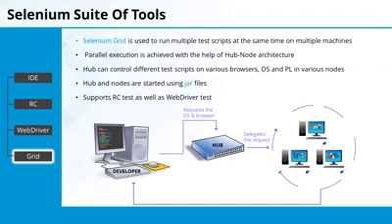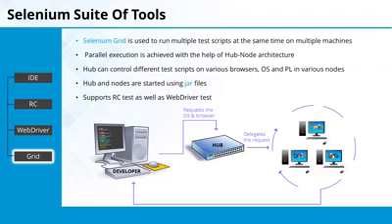Okay, so we have to now start with grid. So we'll see what grid is all about. I'll quickly go through the slide first and then I'll explain. Probably I'll create a diagram for you if required. Selenium Grid is used to run multiple test scripts at the same time on multiple machines. Now if you say at the same time, that means you're doing parallel testing.